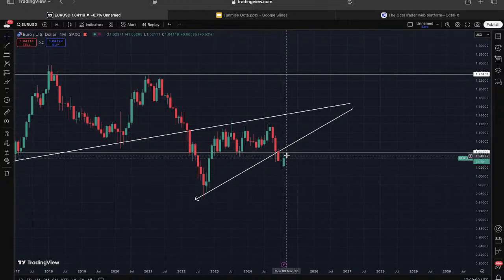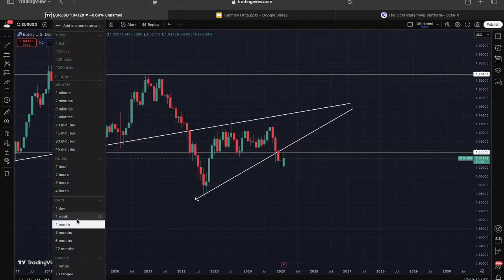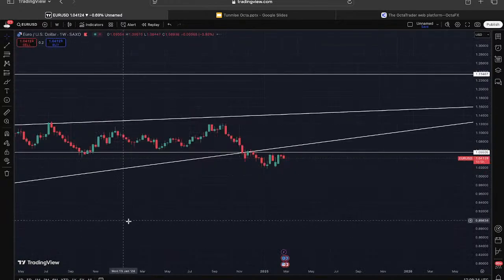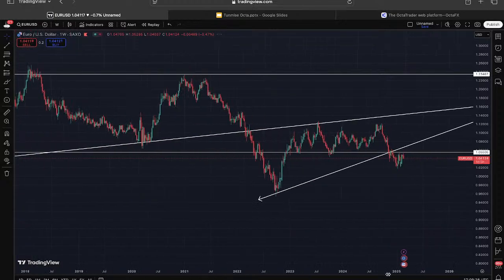So last month was a doji indicating a turnaround in market direction. We can see how price had gone up, and then right now there has been a push back a bit. So that's where we will now go down to the weekly time frame to see what is currently going on.